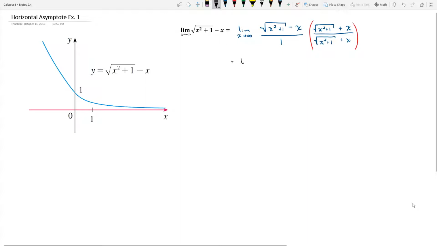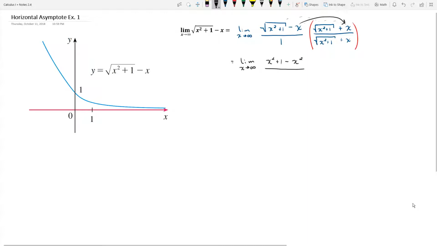Which gives us, as the limit of x approaching infinity, and this is the difference of squares. So we multiply the square root of x squared plus 1 times itself, which is going to result in x squared plus 1. The difference of squares means that the middle portion is going to eliminate itself, and we're just going to have negative x times positive x, which gives us negative x squared.